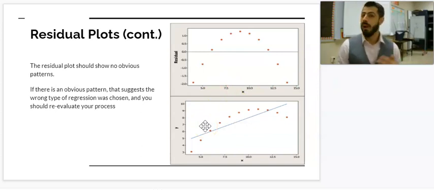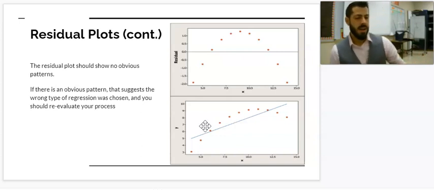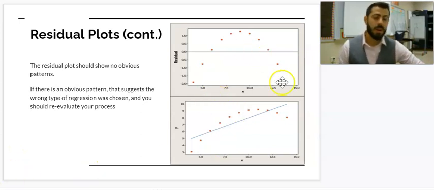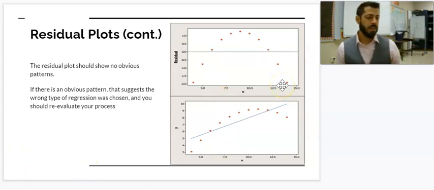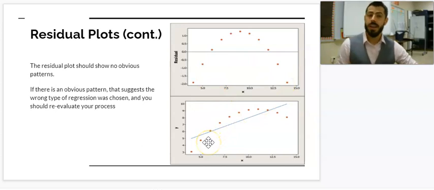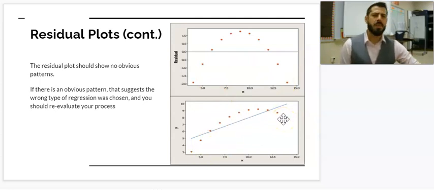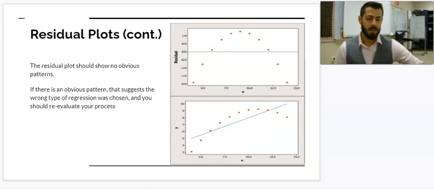And you probably need to stop right there and maybe graph it a different way. Maybe try a different type of regression, which we'll get to later on, right? But in any case, if you see an obvious pattern on your residual plot, then you should check your data and maybe reconsider whether or not this data is best represented with a linear regression line.